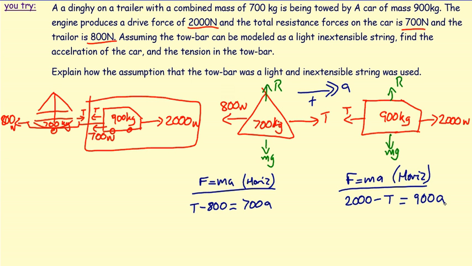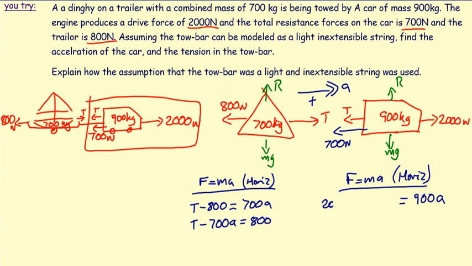Now we have, again, two simultaneous equations. If we rewrite them like this, T minus 700A equals 800, and 2,000, sorry, made a mistake, let's come back to this. Forgotten the 700 newton resistance force, forgive me. So let's rewrite this.